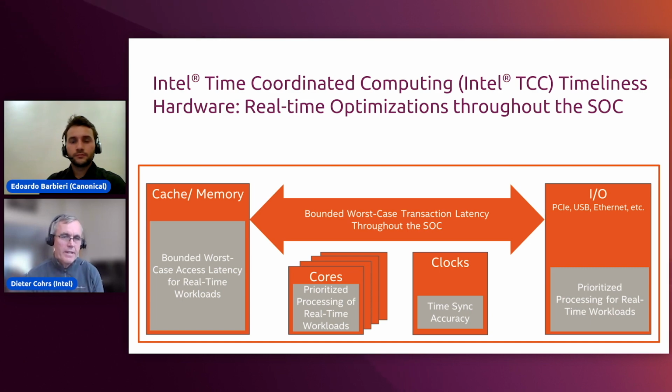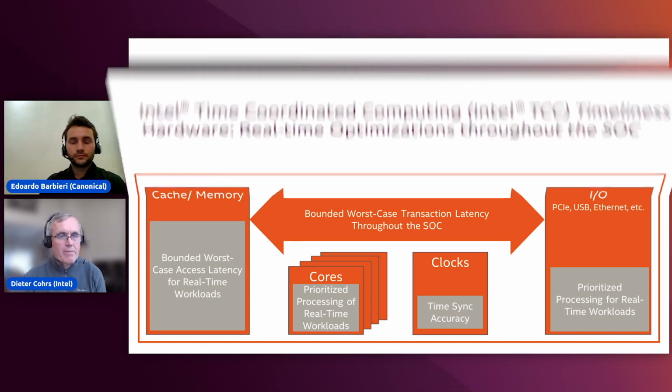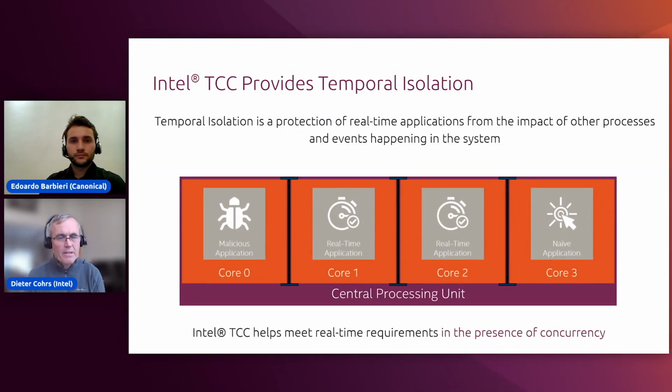So really, it is a general optimization for allowing real-time processing on a CPU where other workloads are running at the same time. And that really leads into what the main purpose of TCC is.